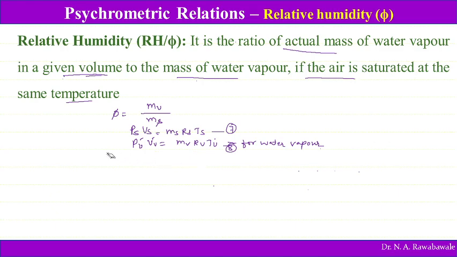So now you can see here. PS Vs is equal to MS RS TS, PV VV is equal to MV RV TV.